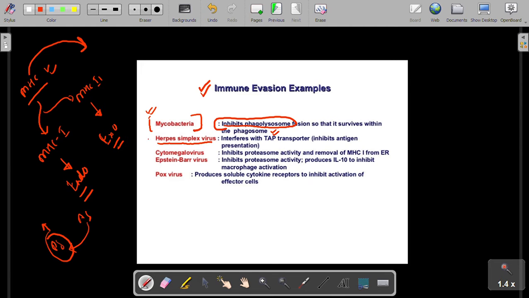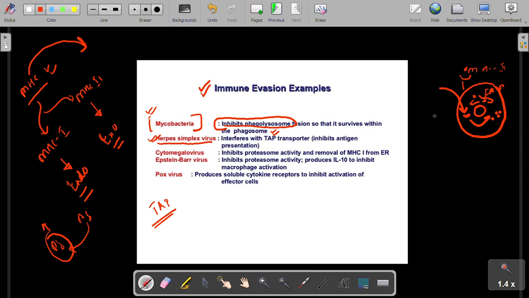In the case of herpes simplex virus, it interferes with the TAP, transport associated proteins, and then it inhibits the antigen presentation. As we know, inside the cell, when some antigen is there and it is broken down, and suppose this is the nucleus, it is taken inside the endoplasmic reticulum with the help of the TAP, and it combines with the MHC class molecule and is expressed on the cell surface.